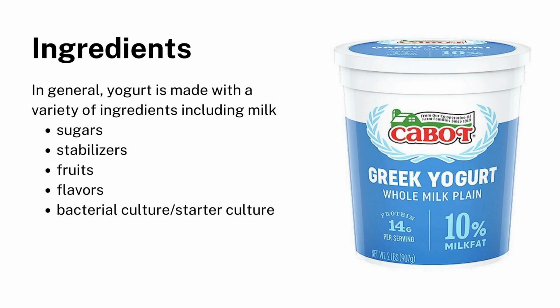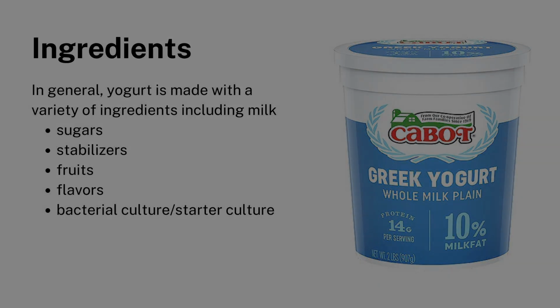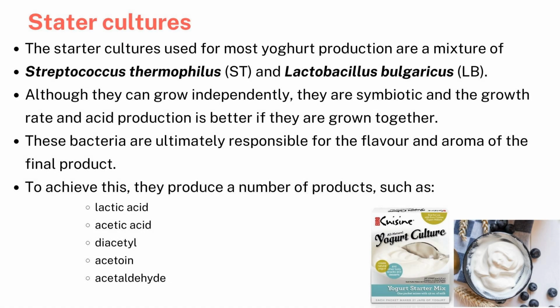In general, yogurt is made with a variety of ingredients including milk, sugars, stabilizers, fruits, flavors, and bacterial culture or starter culture. The starter cultures used for most yogurt production are a mixture of Streptococcus thermophilus and Lactobacillus bulgaricus.